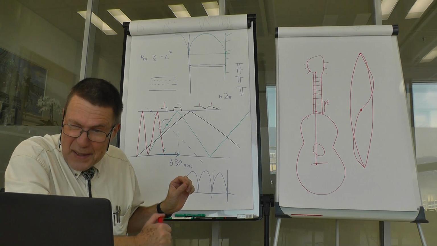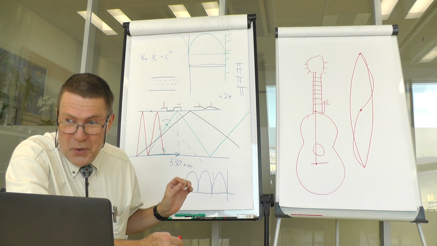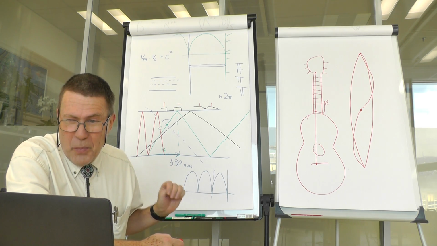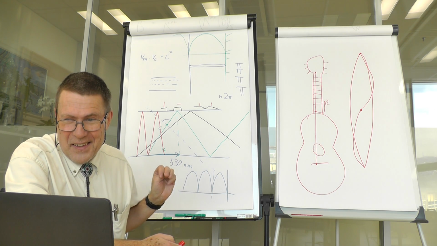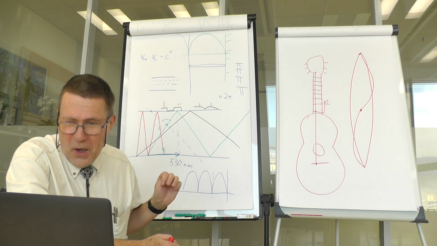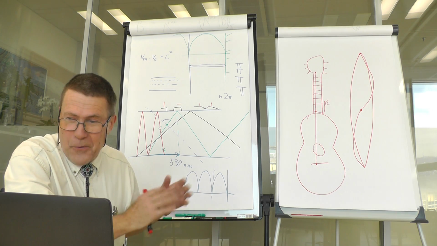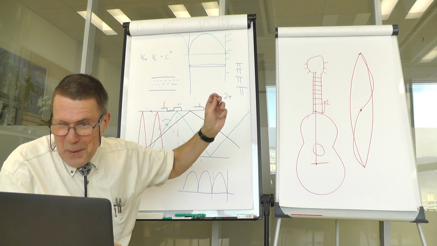So modes are common in our life. We are used to that. At least all musical instruments are somehow creating modes of oscillations of different parts. May it be a string, that's quite simple.